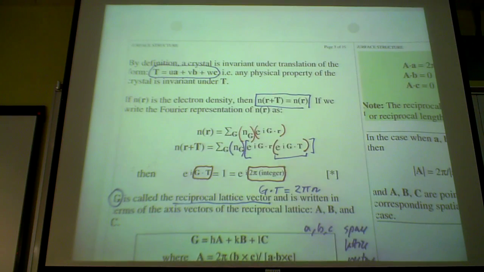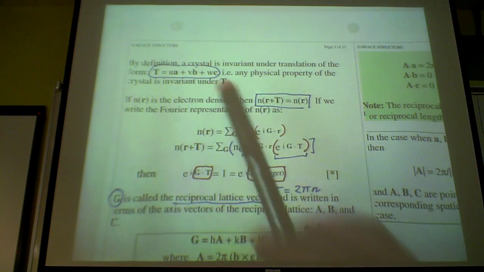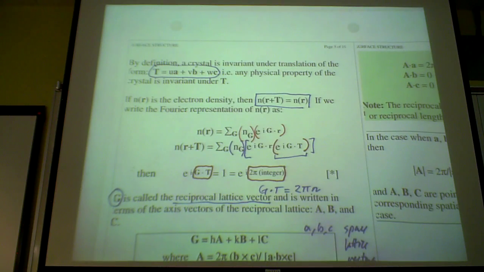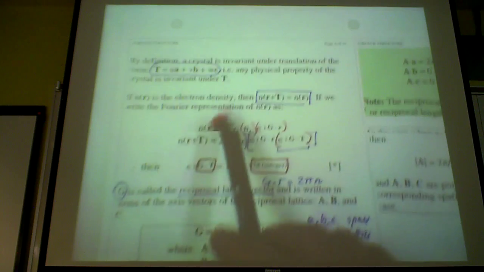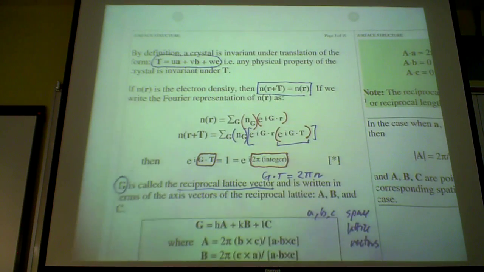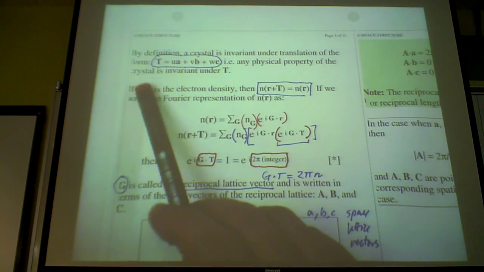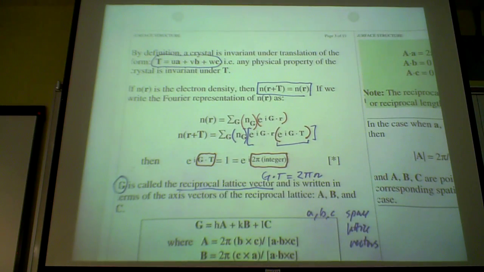Any physical property of a crystal is invariant. In other words, it will not change if I just add a T to my position. So think about electron density, for example. Let's pick this property as electron density, and I write electron density as n as a function of r, where r is some position in my lattice.